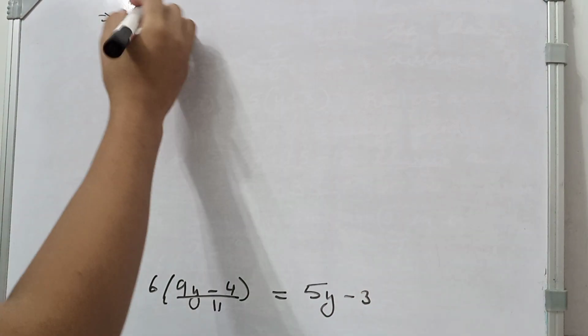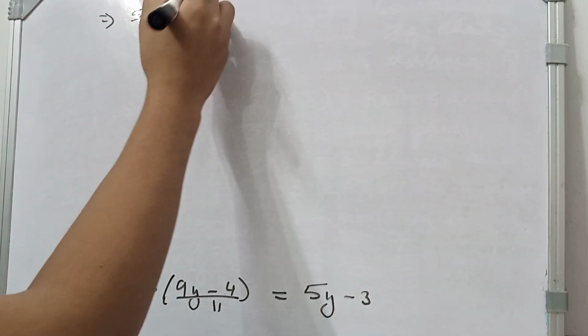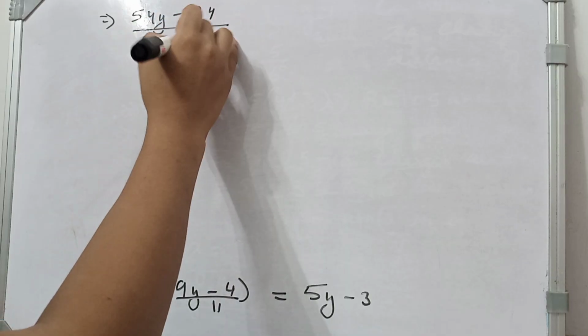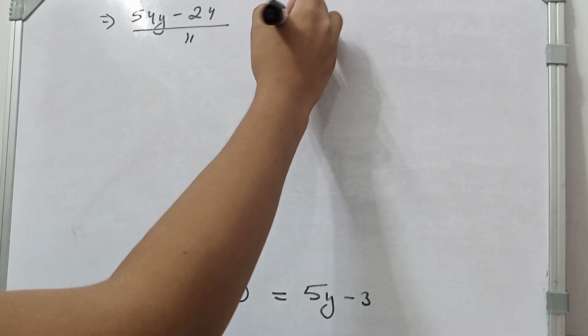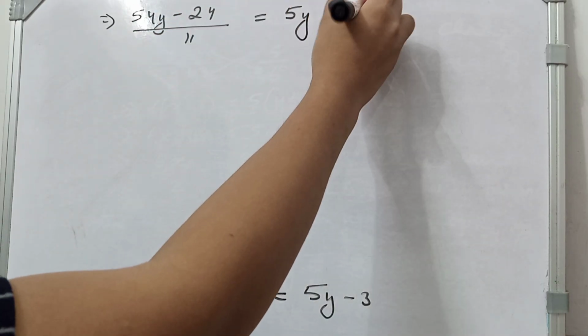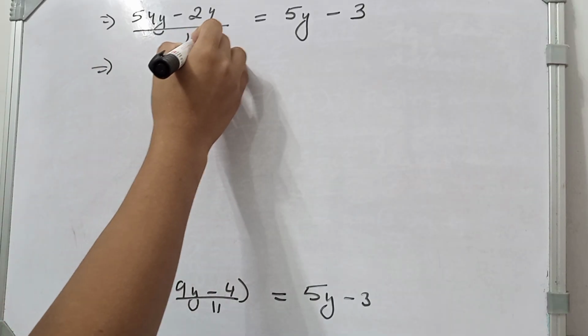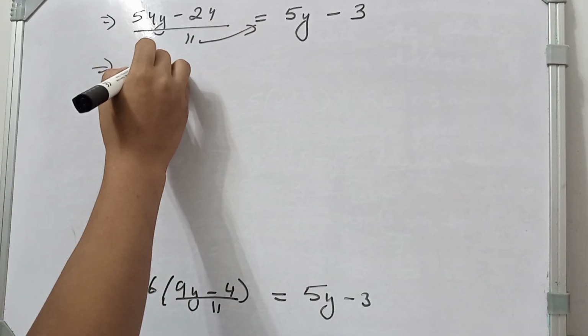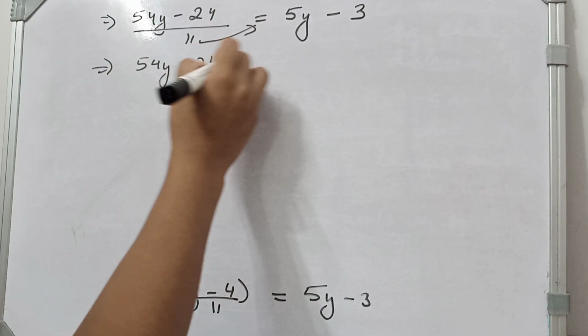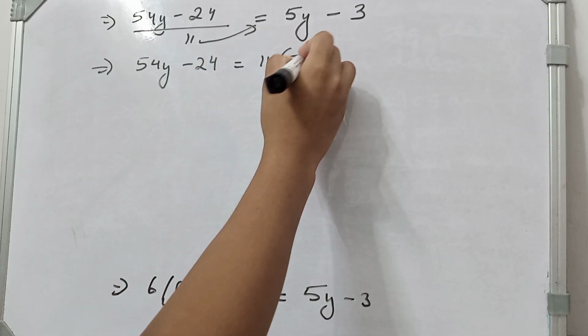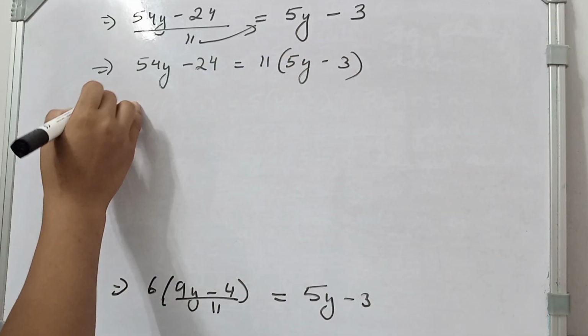So we get 54y minus 24 by 11 is equal to 5y minus 3. Now multiplying both sides by 11, 54y minus 24 is equal to 11 into 5y minus 3.